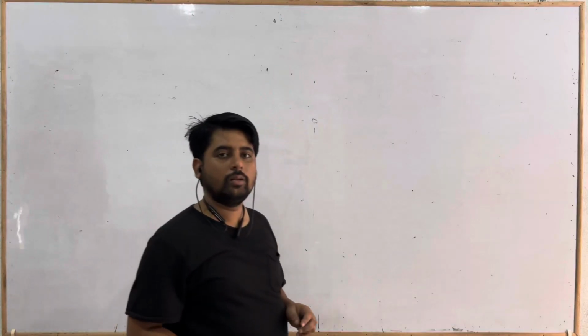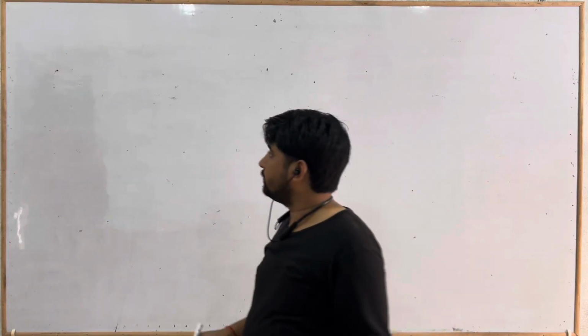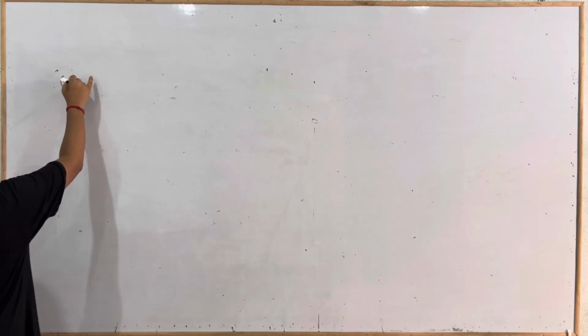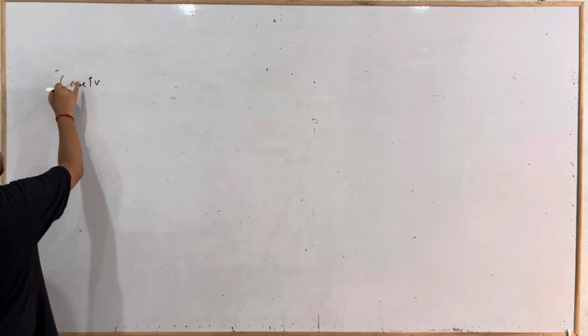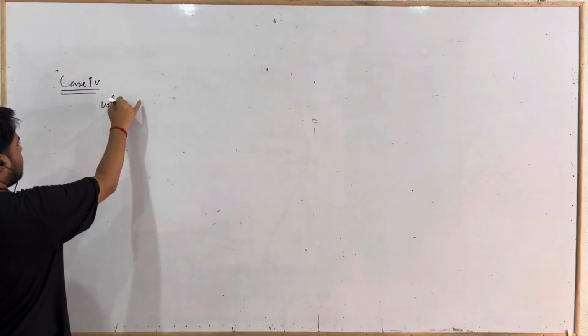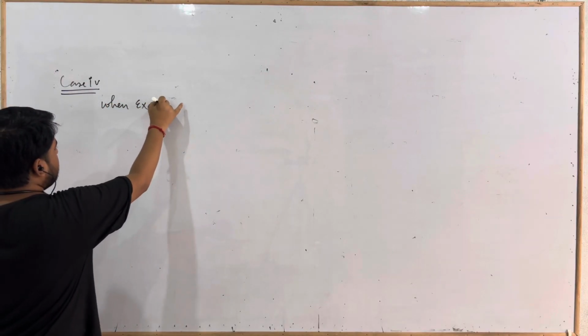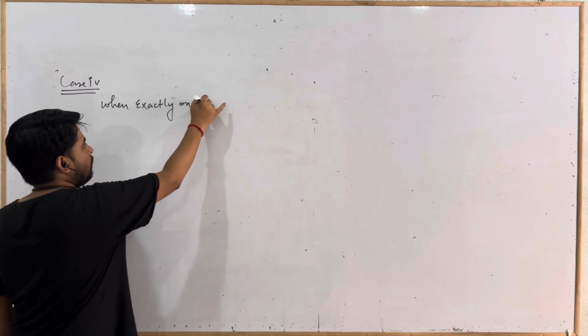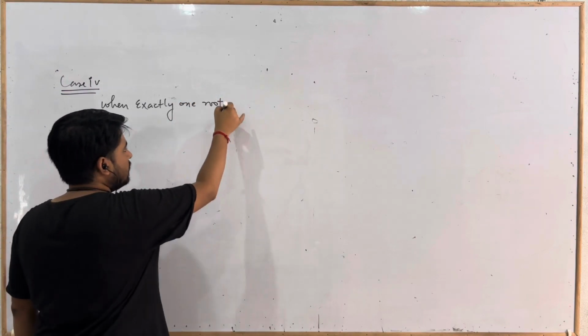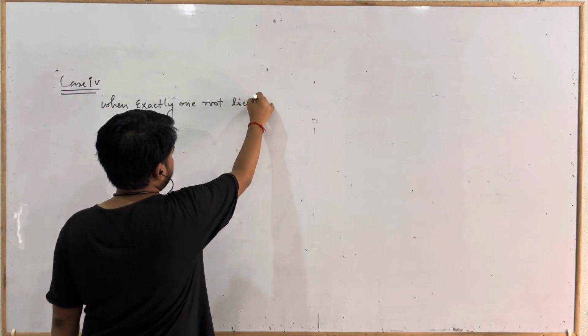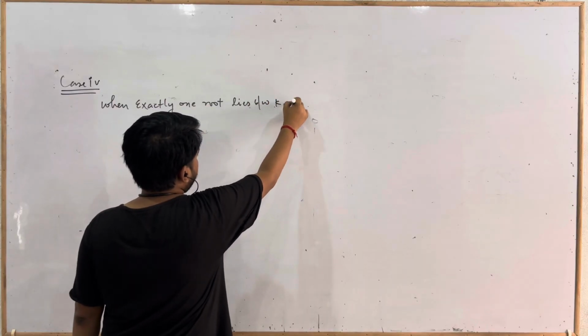We will discuss the last case, case number 6. When exactly one root lies between k1 and k2.